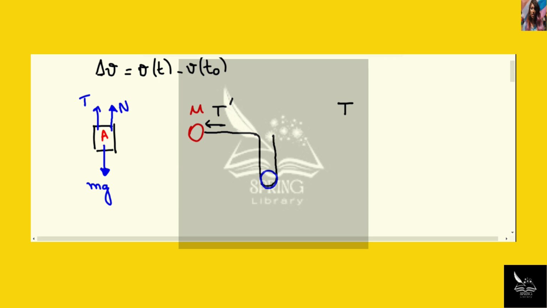Okay, and so we have T prime and T prime. So basically, we have 2 times T prime is the force that pulls the pulley up. And T prime is equal to F of t.